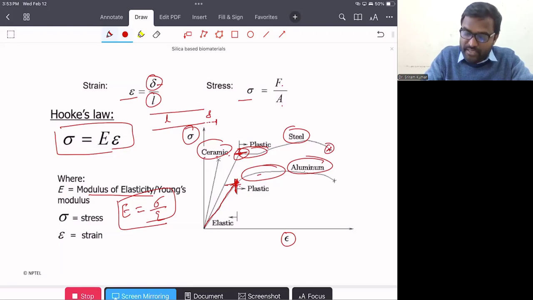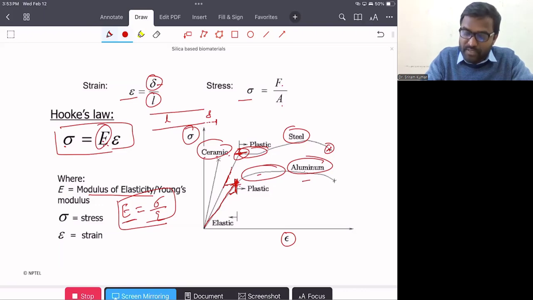So here we can say, as compared to this one, we have more slope here, and based on this equation, we can know the slope of Young's modulus by measuring the slope. Here, this slope is higher than this one. That means the steel has a higher modulus as compared to the aluminum.